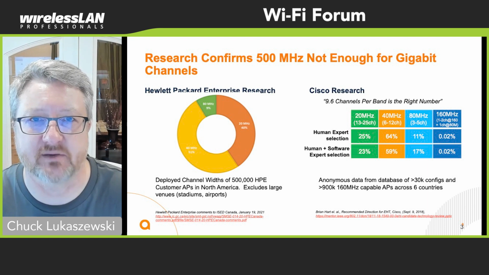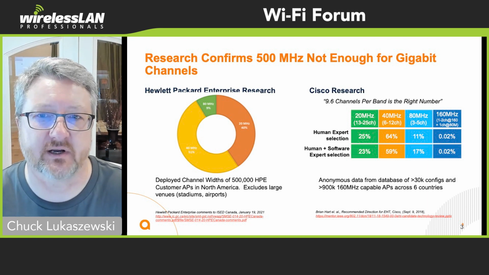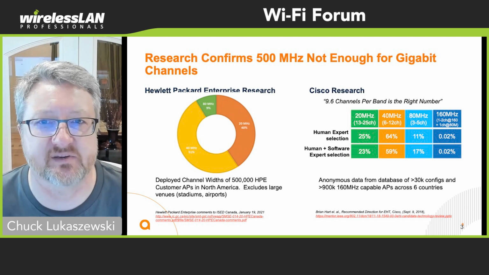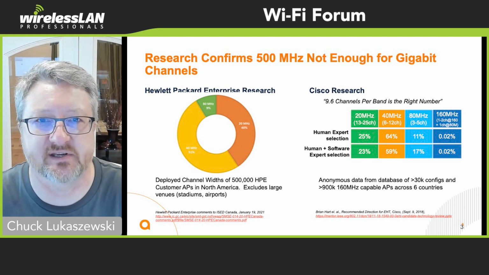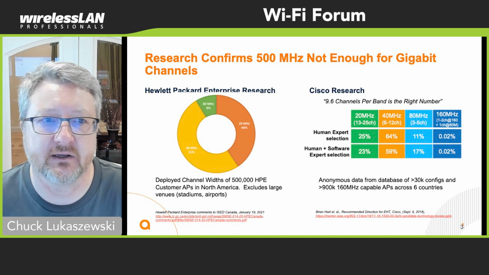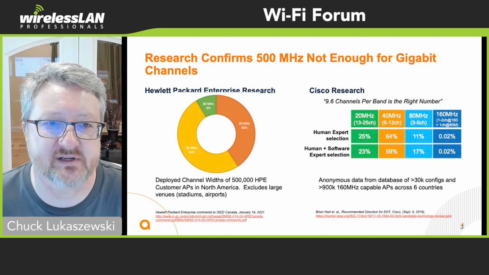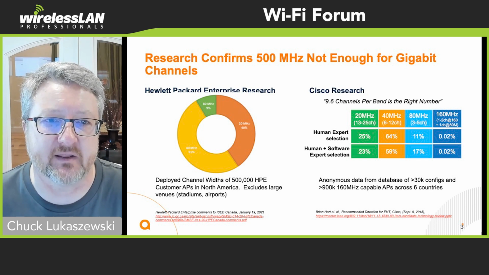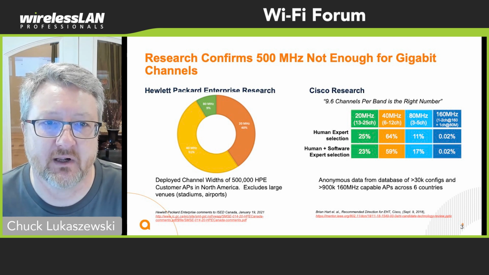And just as some interesting research on this, in the spirit of the ad hoc here, I'm going to present both Cisco and HPE data. We published some results as part of our submission to the Canada 6 gigahertz consultation that just wrapped up. This is data from our Central system, and probably none of you have seen this before.